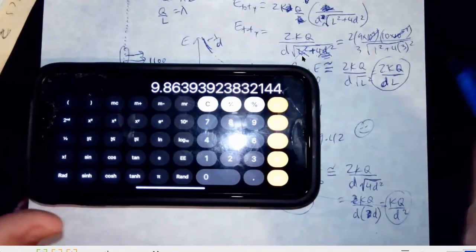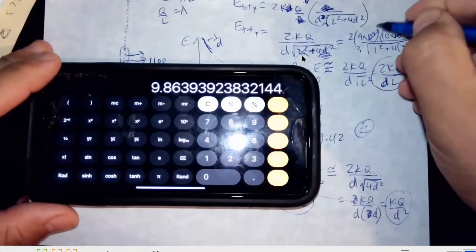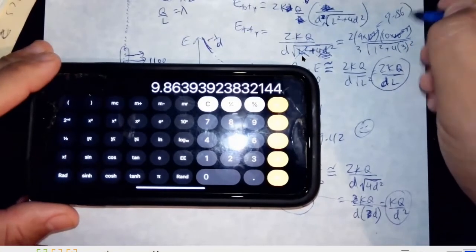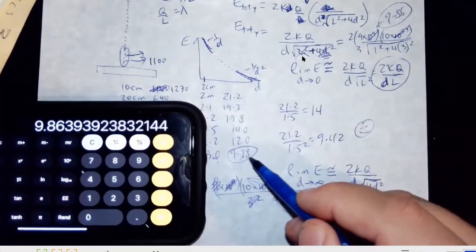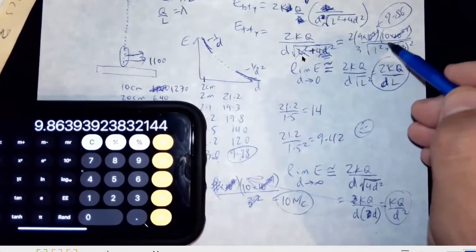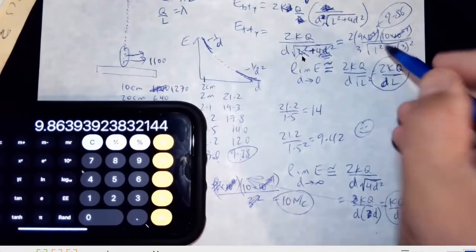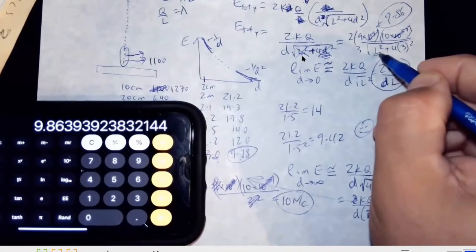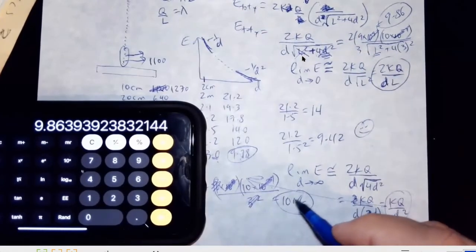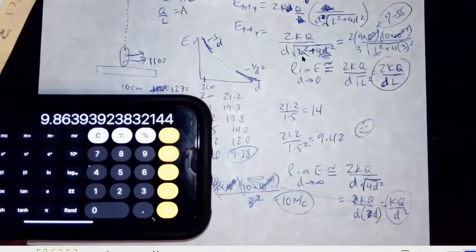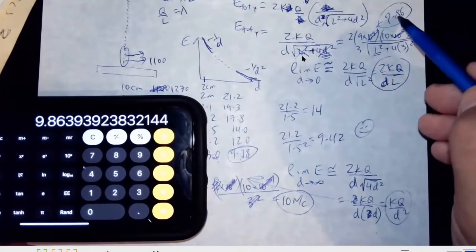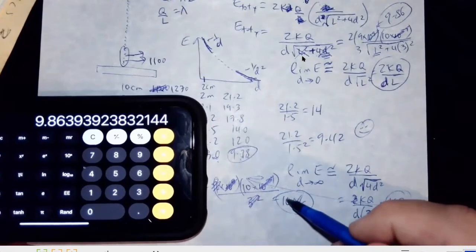That's actually better. See, that gives me closer to my 9.78. You see? So this always gives you the more accurate answer because it accounts for the length of the rod. But the kq over r squared tells you, okay, it's approximately equal to the electric field of a point charge. You see, 9.86 is very close to 10.